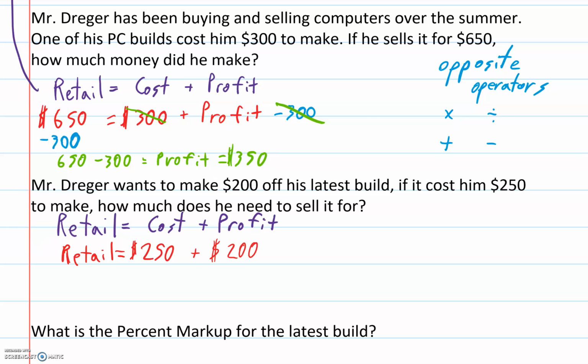Okay, well, this one's even easier than before. 200 plus 250 is $450. So the retail price that I have to sell it for is $450 if I want to make $200 off of it. Okay, very, very simple.